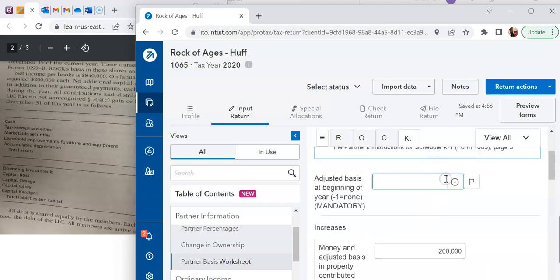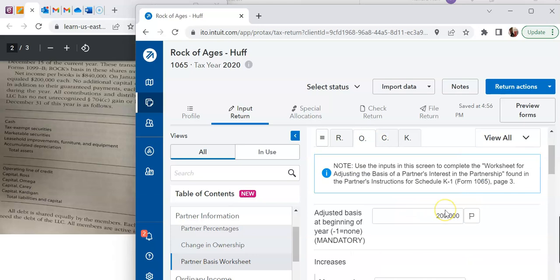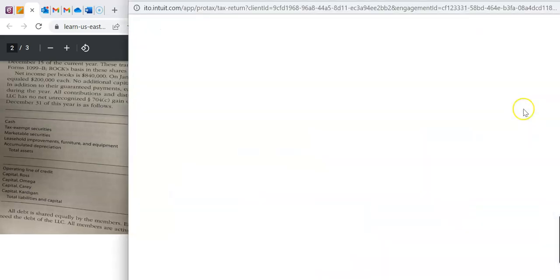Oh wait, I put that in the wrong spot. Did I put them all in the wrong spot? Okay, but still not.